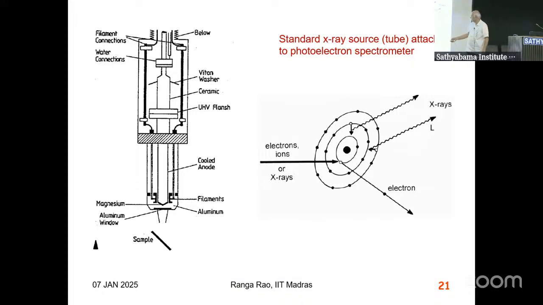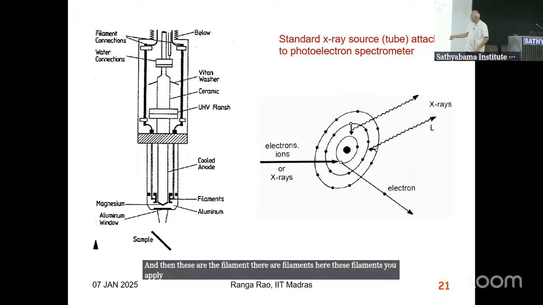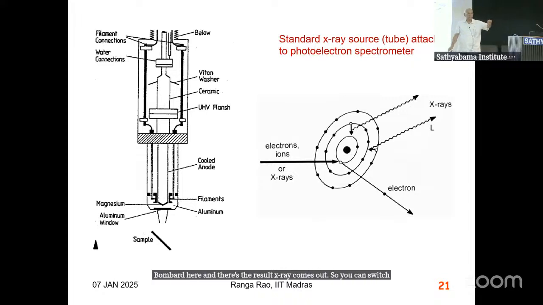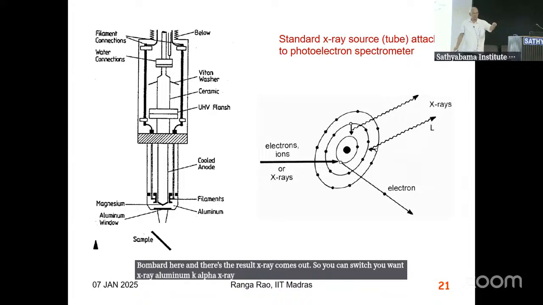And then these are the filaments. You apply voltage, and the filaments eject electrons. These electrons bombard the tip, and as a result X-rays come out. So you can switch: you want aluminum K alpha X-ray or magnesium K alpha X-ray. You can switch that manually in the spectrometer.